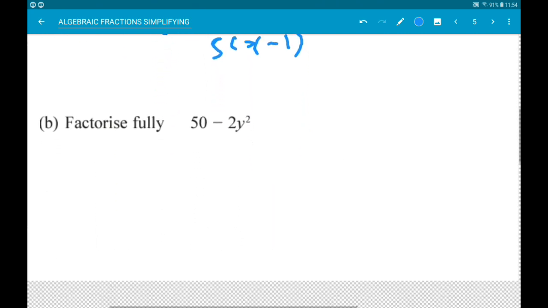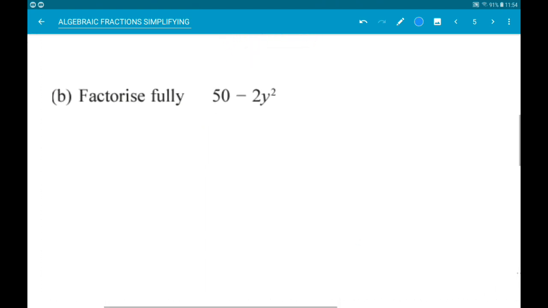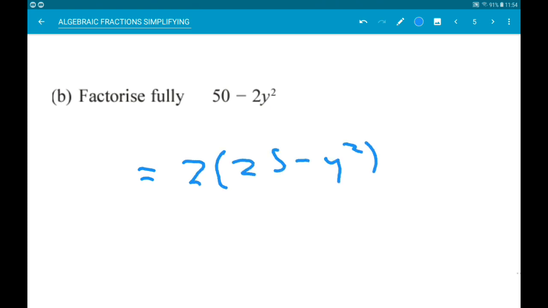Okay, now this guy has no algebraic fraction attached, but we're factorising a quadratic. It was attached to the above question, so we're going to do it. So, factorise fully 50 minus 2y squared. Okay, so at first glance it might look like there isn't much we can do. There is a common factor of 2 though, so we can at least write it as 2 lots 25 minus y squared.